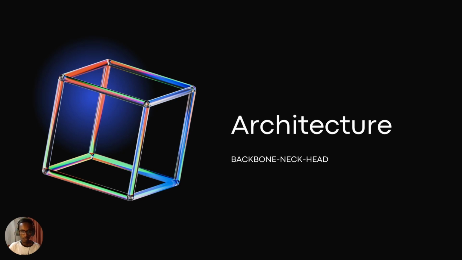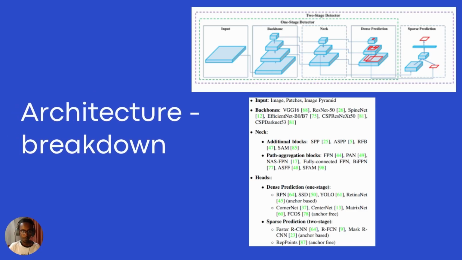Now let's talk about the architecture of the YOLOv4 network. As we have already seen in the video about the structure of YOLO, YOLO is made up of three main components. That is the backbone, the neck, and the head. Some of the modifications that were made on the different stages of the YOLO network can be shown on the image.